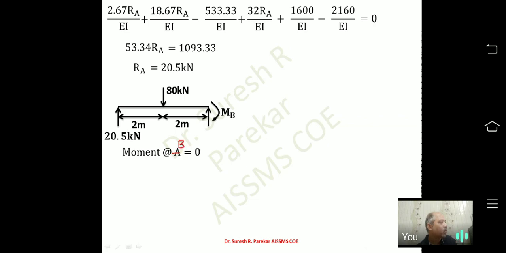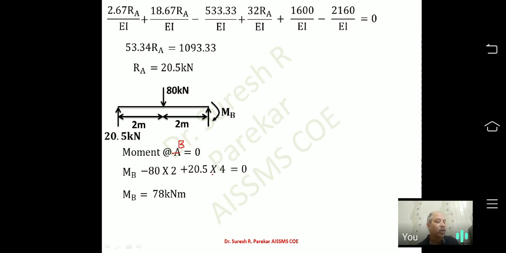If I take moment about B0, then we have MB as clockwise plus, then minus 80 into 2 because anti-clockwise, and plus 20.5 into 4, equal to 0. From this I will get the value of MB, that is 78 kilonewton meter.